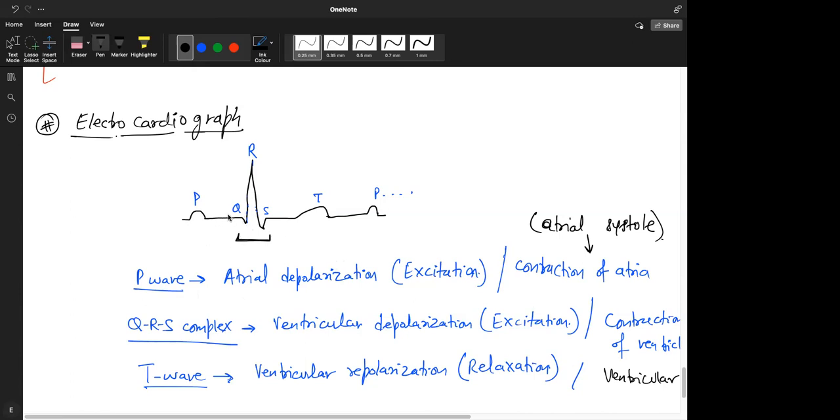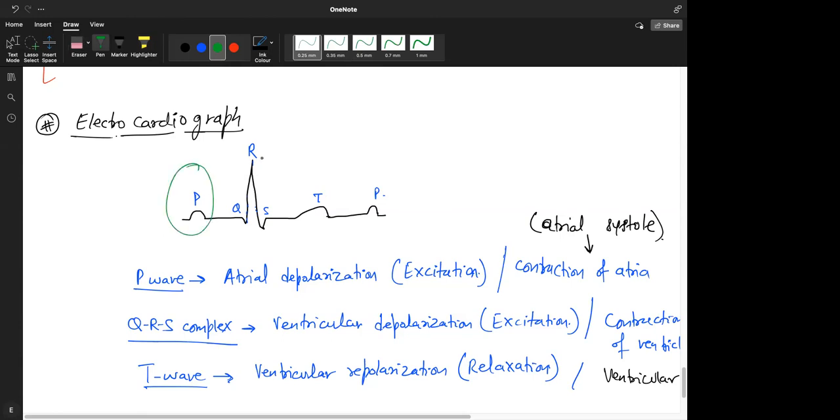So when the ventricles contract, at that time the atria is relaxing back so that new blood can come in, correct? So if the question comes, which of the following is not represented by an ECG, it is atrial diastole. Okay.